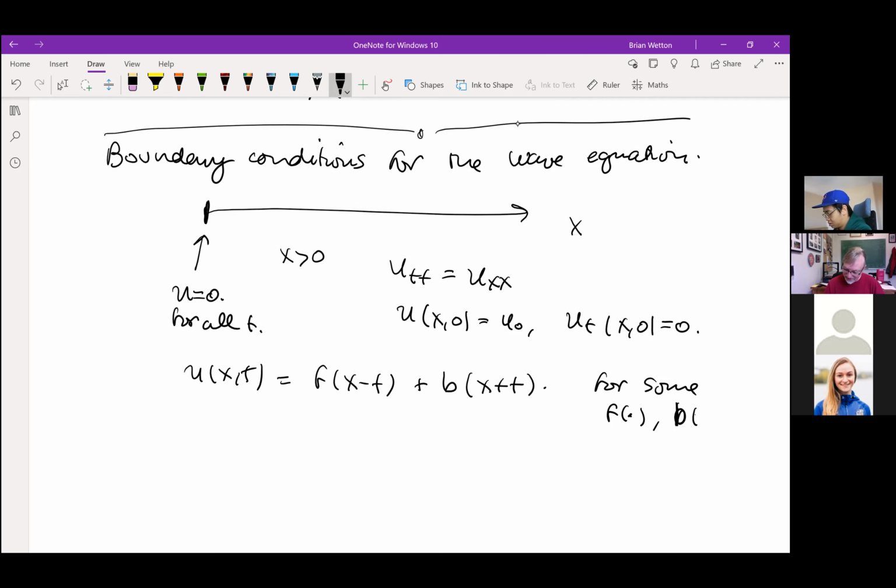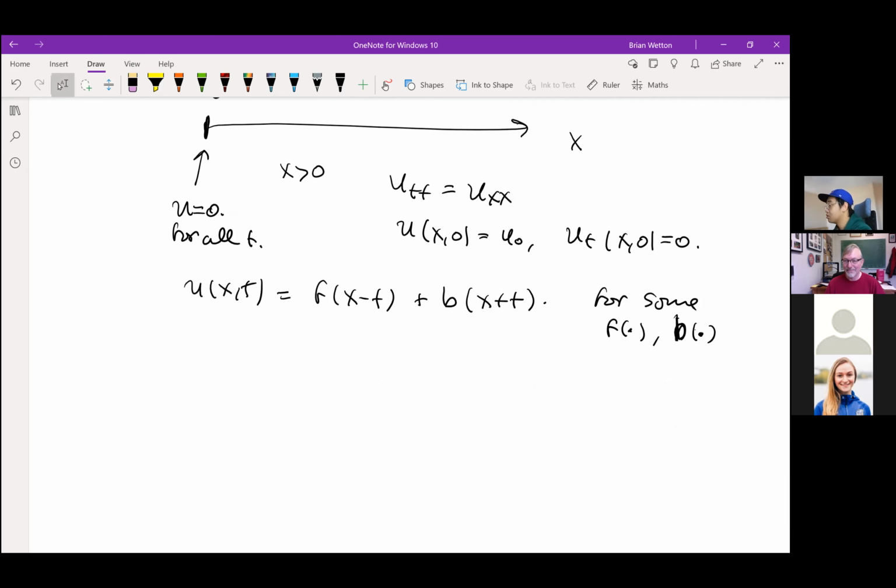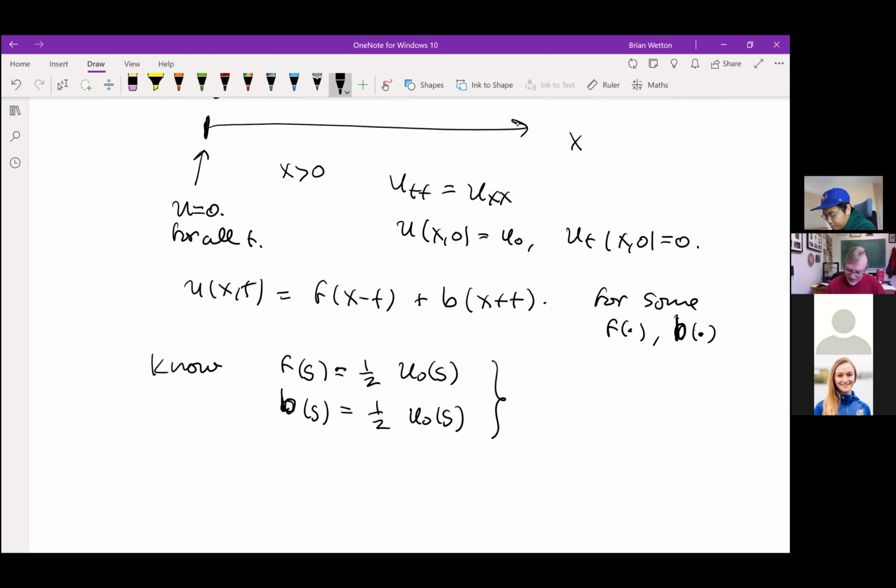I'm going to say g at some point and I'll get confused, but let me try and stick with b. This is still true, and we can do the same algebra we did, and know that f of s is 1/2 of u0 of s. B of s is 1/2 of u0 of s. This is matching the initial conditions.